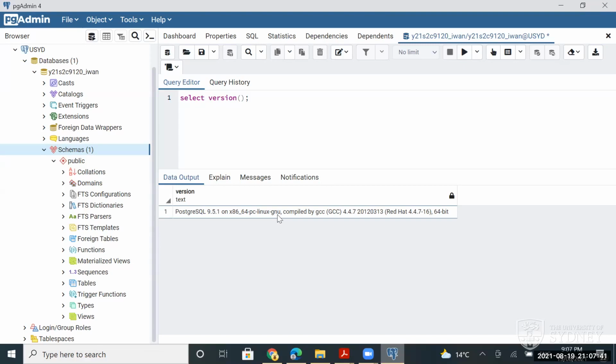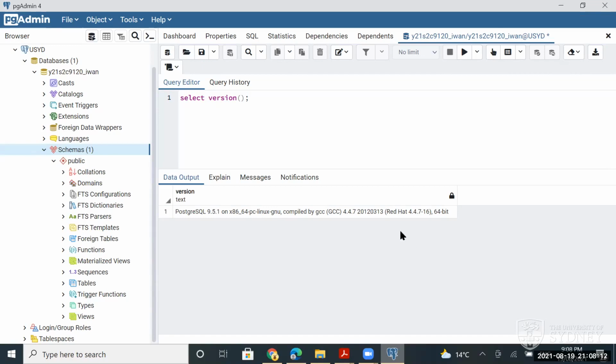So for any of your assignments, you have to make sure that it is runnable on it. If you have to write scripts, for example for your assignment or even for your tutorials, we will be executing those database scripts against the school database servers.